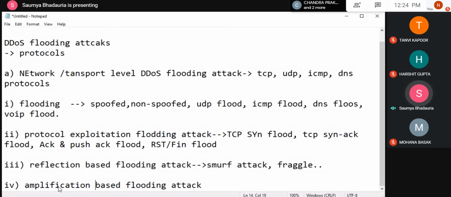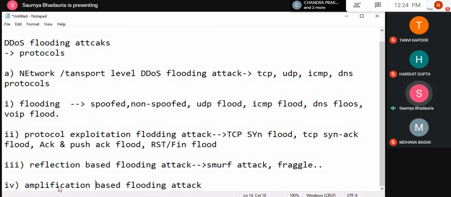Okay, so for this they have botnets. Botnets can be used for reflection as well as for amplification purposes. When we talked about reflection and amplification, we said reflection can be used for the smurf attack, where the attacker sends the request with spoofed source IP addresses to a large number of reflectors by exploiting the IP broadcast feature of the packets.